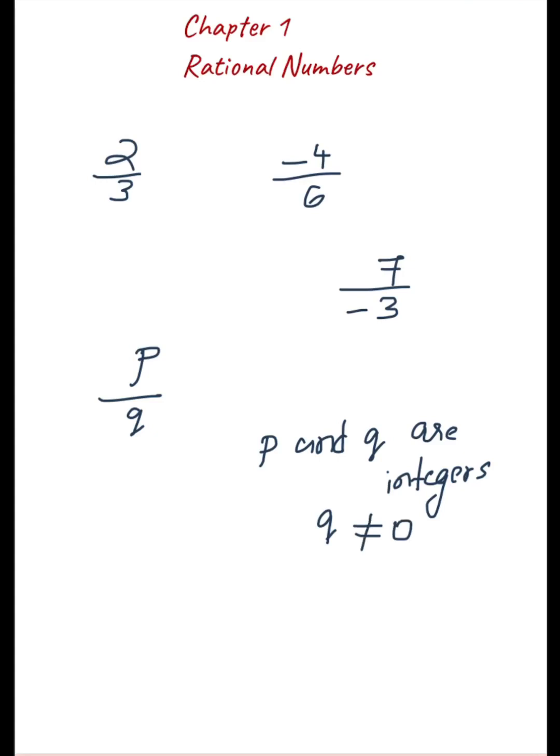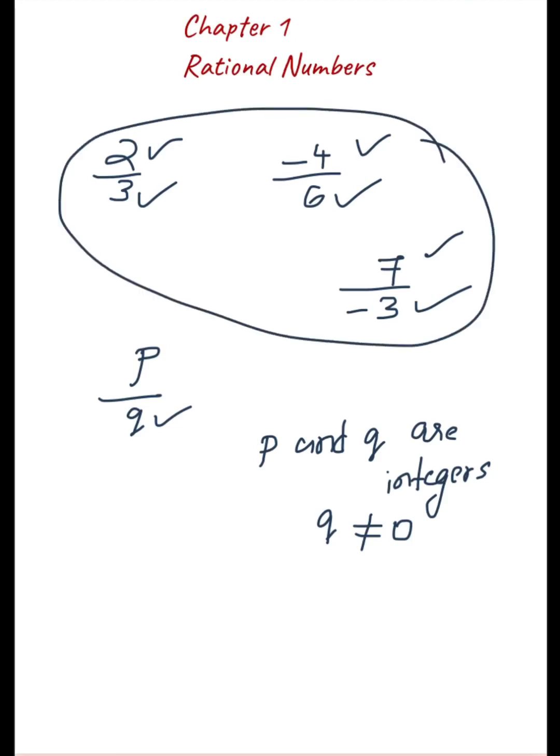That is, the denominator should not be equal to 0. And the other condition is that both p and q should be integers. Here you can see 2 and 3 are integers. -4 and 6 are integers. 7 and -3 are also integers.